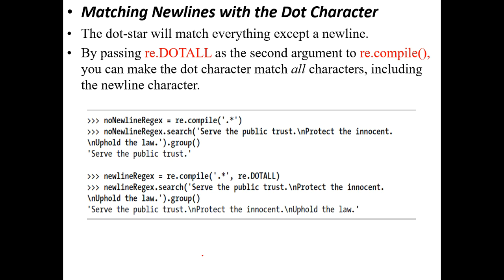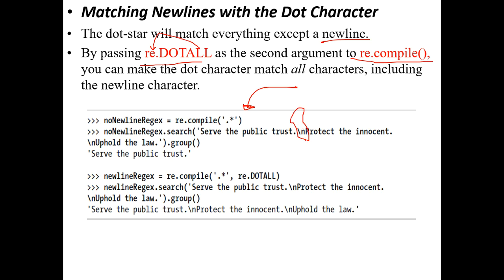So matching new lines with a dot character. Dot star will match everything except new line. When we want to match even new line, we have to use re.DOTALL. DOTALL is a constant present in the regular expression module. We have to pass it as a second argument for compile. Here in this case, we have not passed the second argument for compile. So the string here contains a new line character.